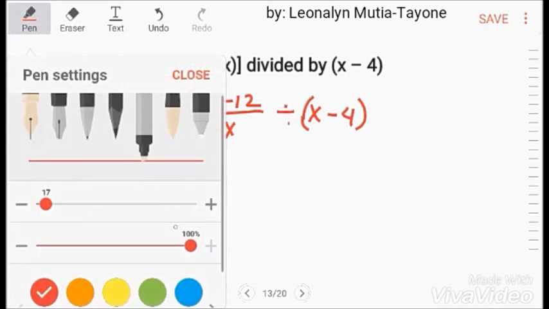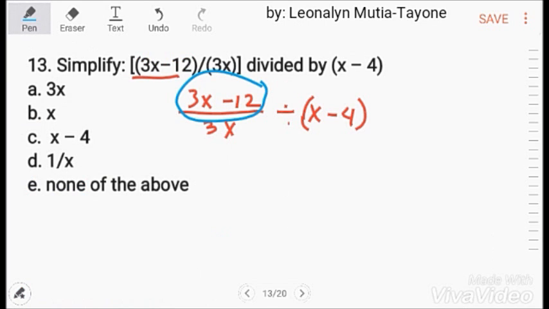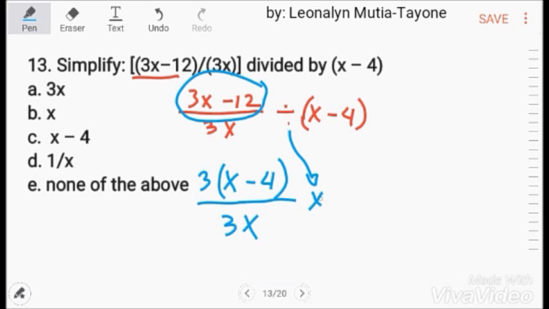But first, simplify muna natin yan. And that is 3x minus 4, then over 3x. Itong division na to maging multiplication. At ito namang divisor, ang reciprocal niya ay 1 over x minus 4.